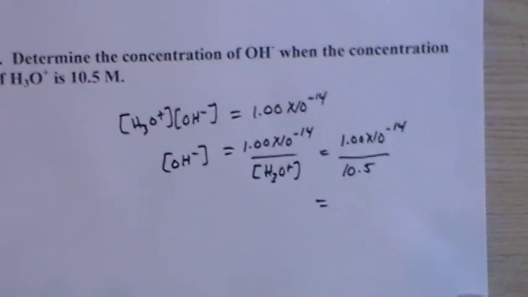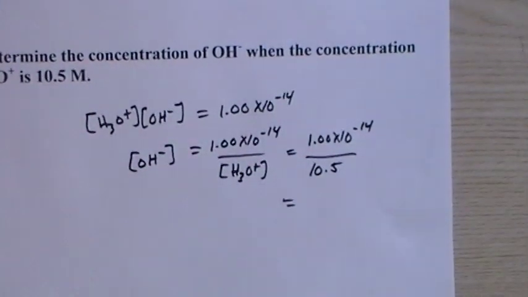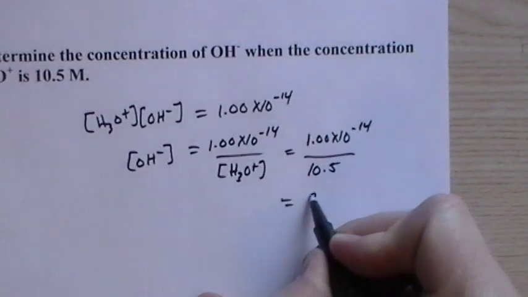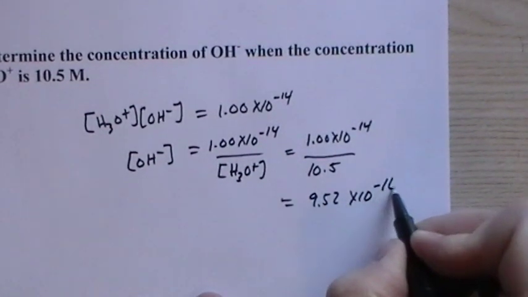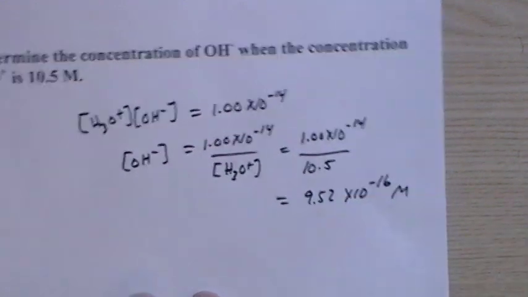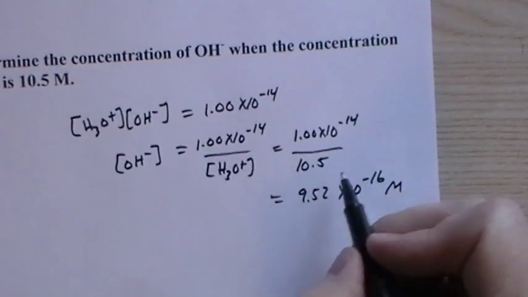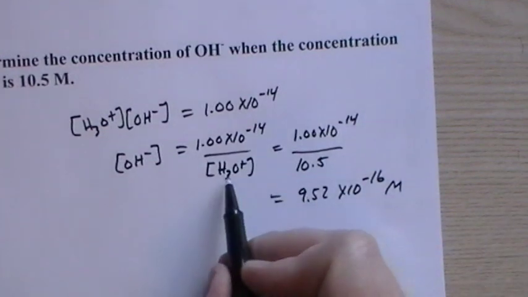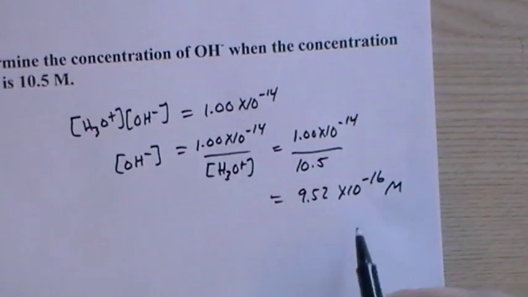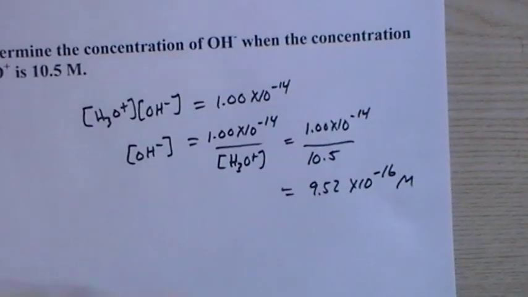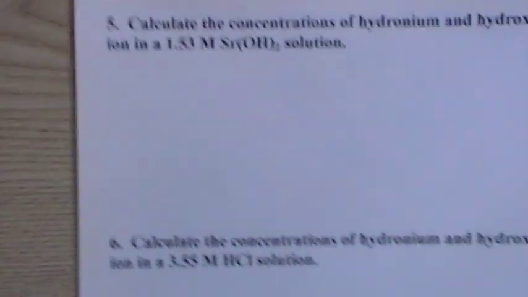And remember that we get rid of the units of measure. As long as we're in molars, we get rid of the units of measure. And this is 9.52 times 10 to the minus 16 molar. And then once we've done the calculation, we put the units back in. So as long as we're in molars for what we know, this is going to have no units of measure, and then once we have our number, we convert back to molarity.